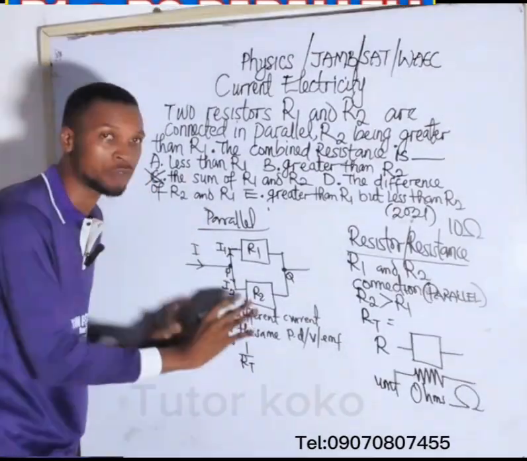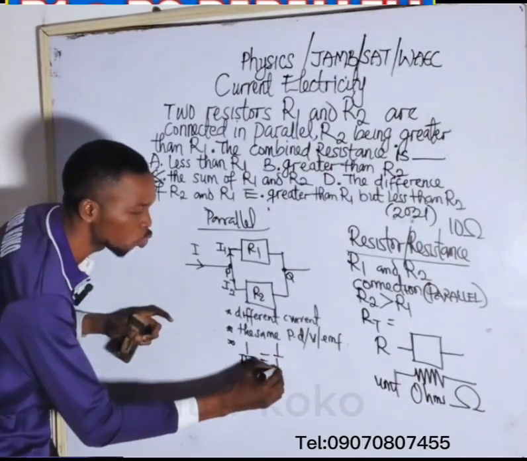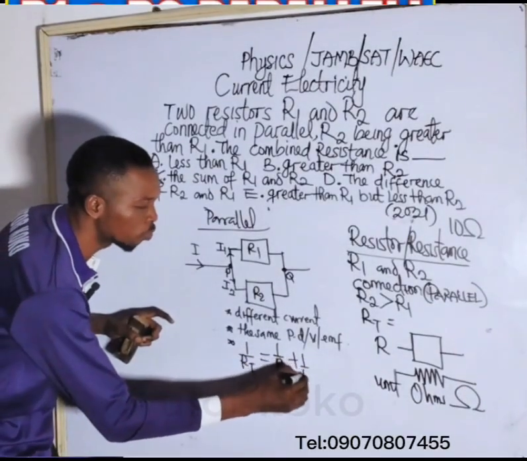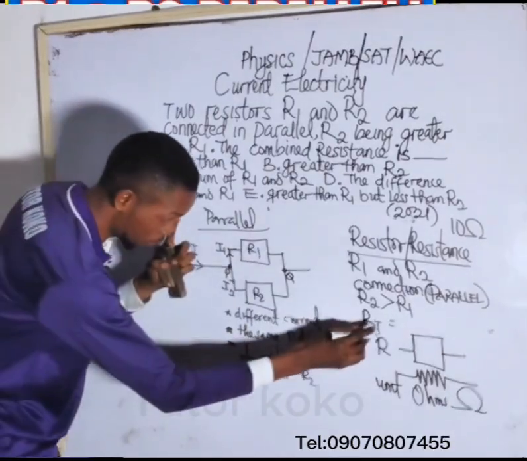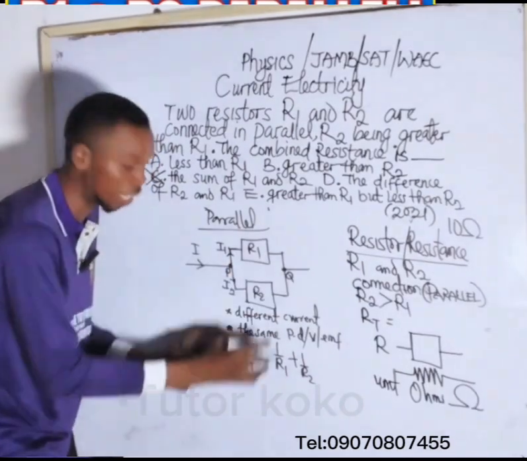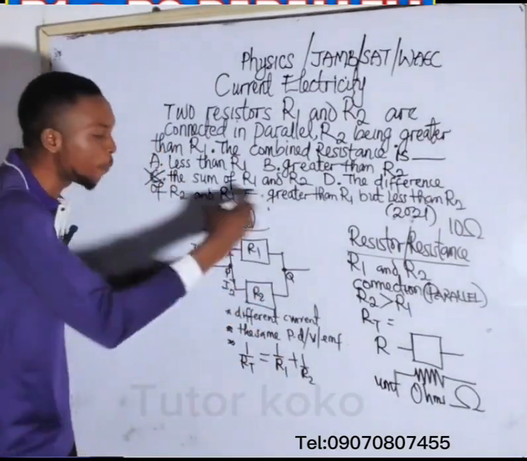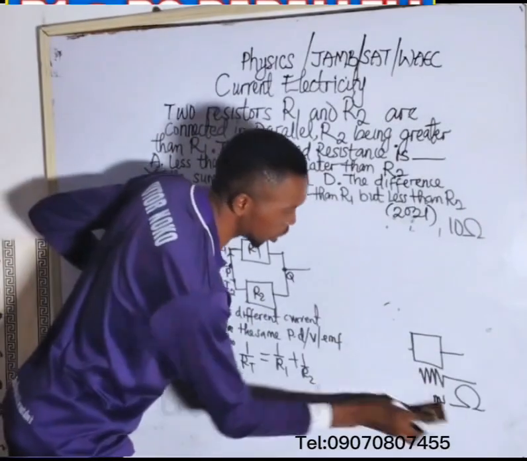Of course, this has a proof, but we are not making use of the proof today. So this is how you combine. Don't forget that RT means combined resistance. If they are in parallel, this is the formula you're going to use to combine all the resistors together. Am I making sense? Yes.